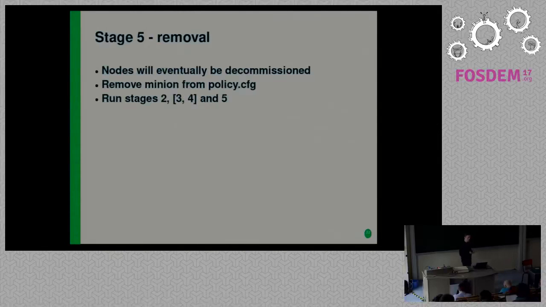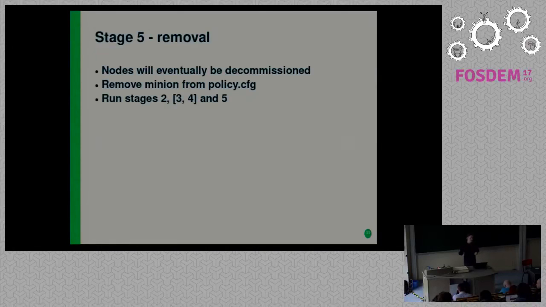Stage 5 will deal with removal of components. So say you want to decommission one of your OSD nodes. The workflow here would be to change your policy.cfg to not include this particular minion anymore, and run stage 2 to push out the configuration, and then run stage 5. This will remove the OSD.